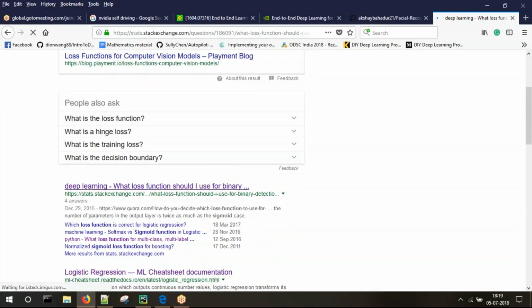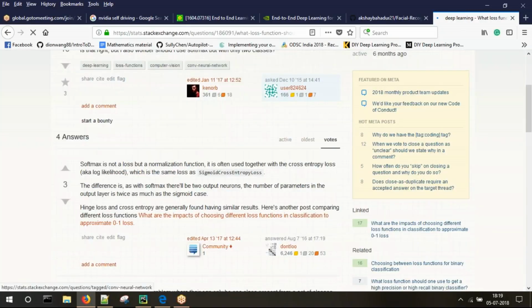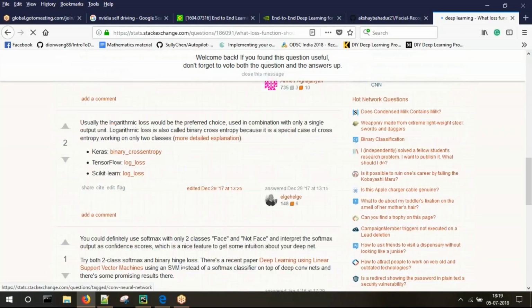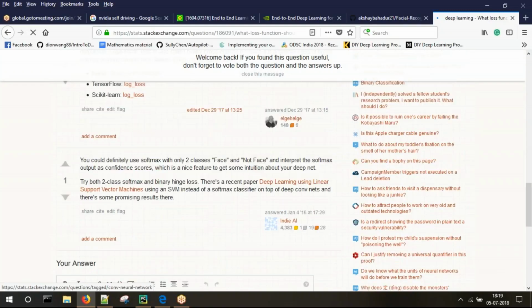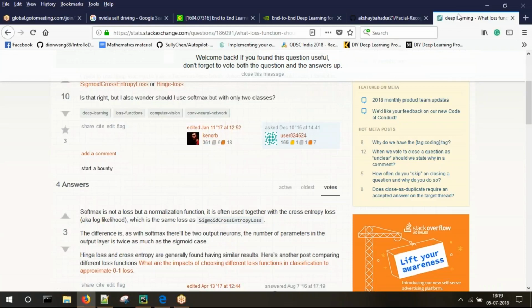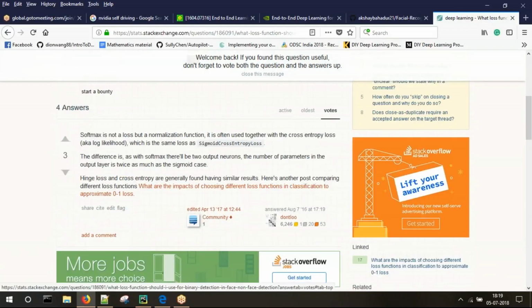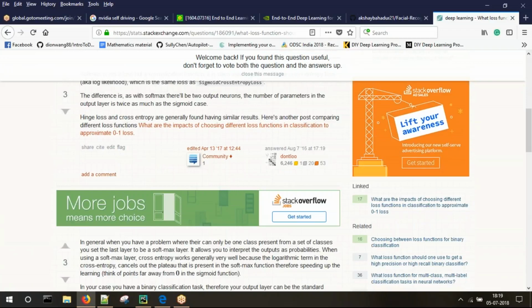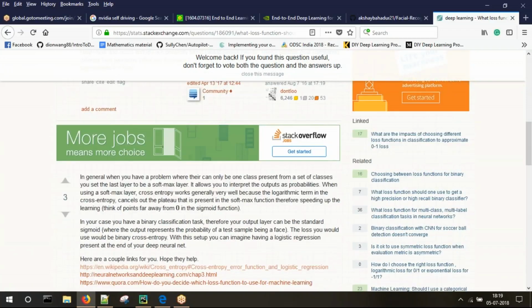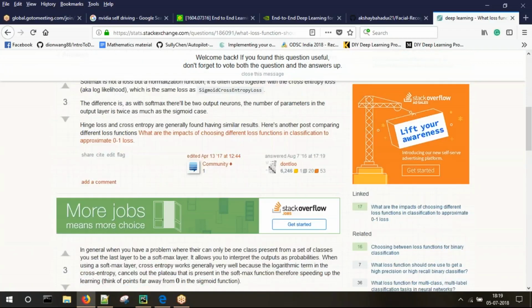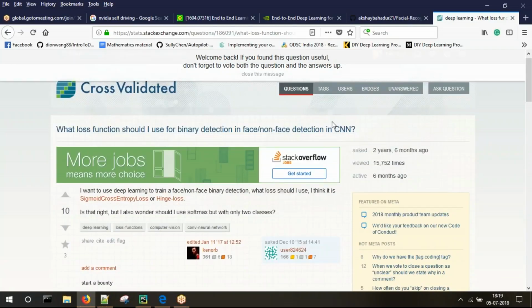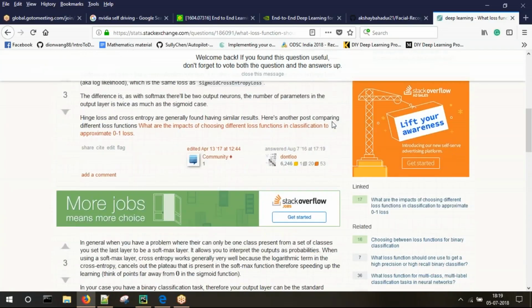Even if you go to, let's say, Stack Exchange or things like that, you will get different loss functions. So there are specific loss functions for specific situations. Sigmoid is for binary classification. Then we have softmax loss for loss between n different categories.